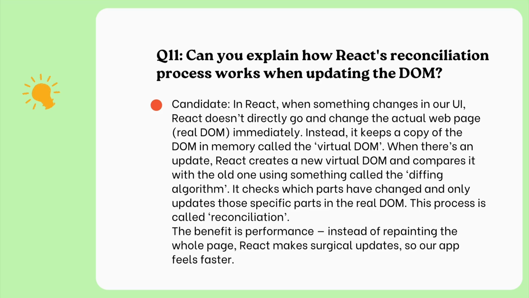When there's an update, React creates a new virtual DOM and compares it with the old one using something called the diffing algorithm. It checks which parts have changed and only updates those specific parts in the real DOM. This process is called reconciliation. The benefit is performance. Instead of repainting the whole page, React makes surgical updates so our app feels faster.